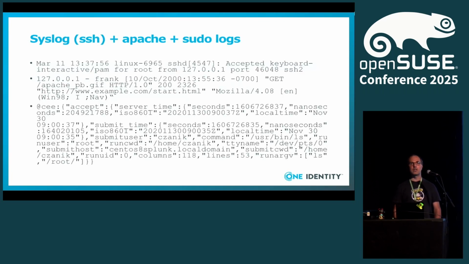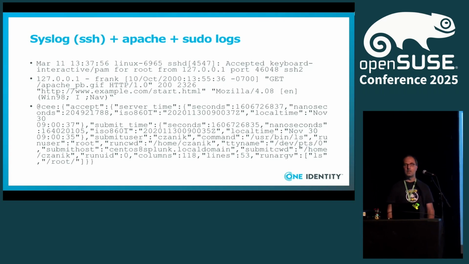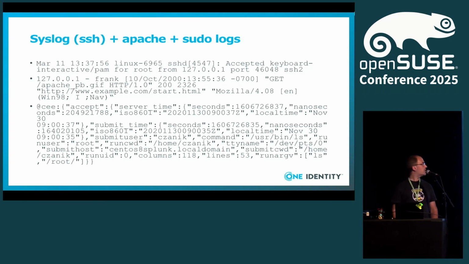Here you can see a couple of log messages on screen, and the first one is the good old SSH login message collected through Syslog, but there are already a couple of structured log messages. The second log message on screen is an Apache access log.